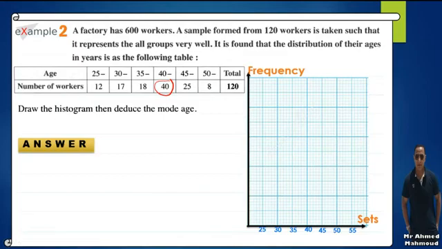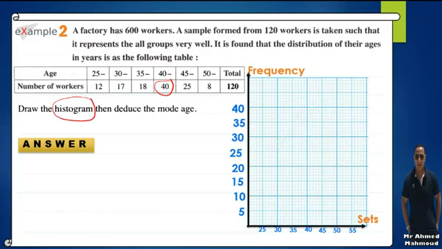I can't use scale 1 because I haven't 40 lines. You can use scale 5 or scale 10. It's easier to use scale 5. I'm going to write 5, 10, 15, 20, 25, 30, 35, and 40. Now I'm going to draw the histogram.